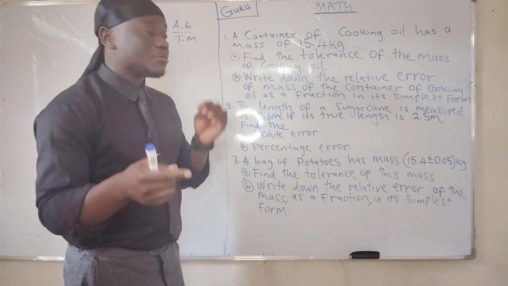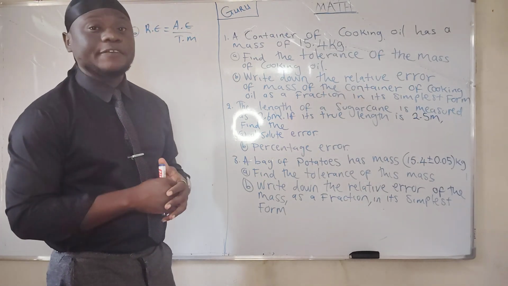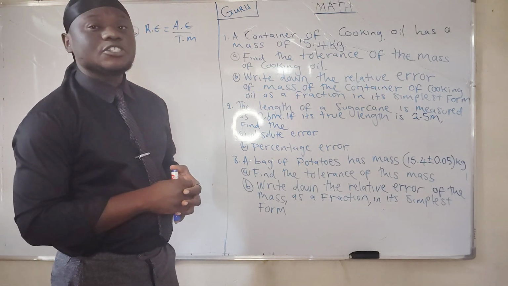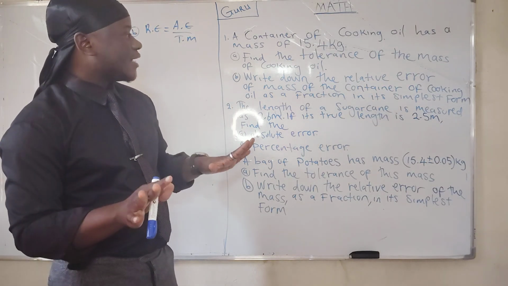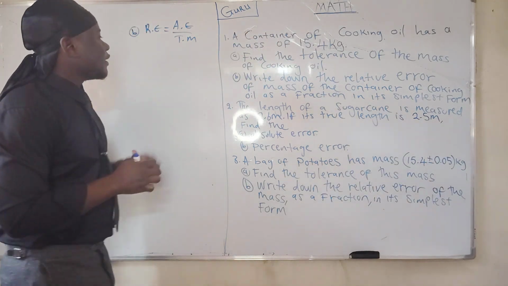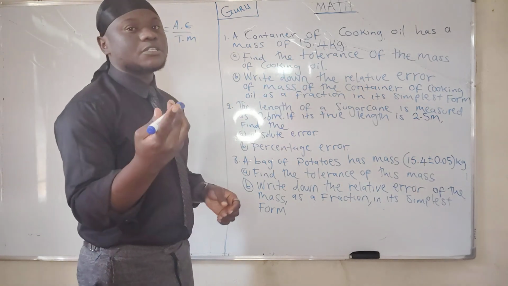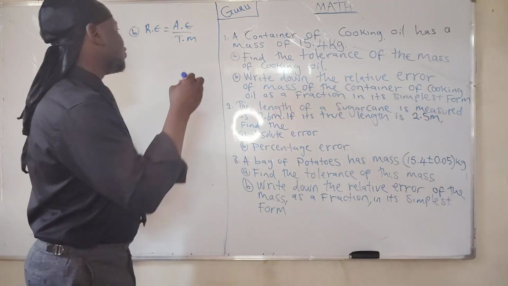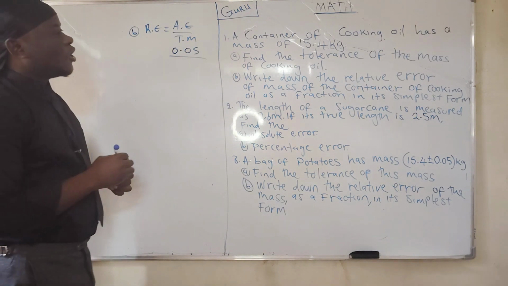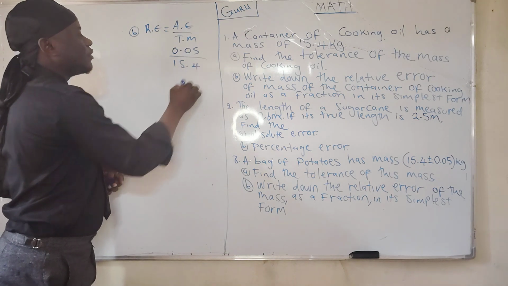Then a number with 1 decimal place, the absolute error is 0.05. Again, when you have 2 decimal places, you have 0.005. Just understand that, then you are okay. So absolute error, here we have 1 decimal place, so you get 0.05 over true measure, we have 15.4.